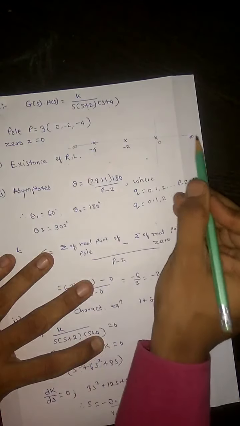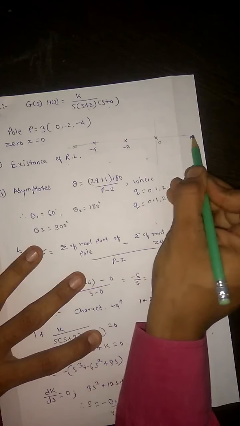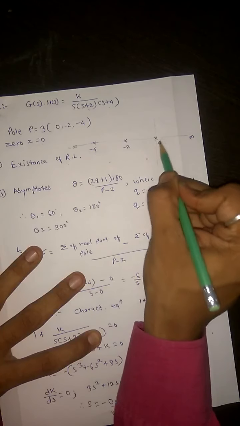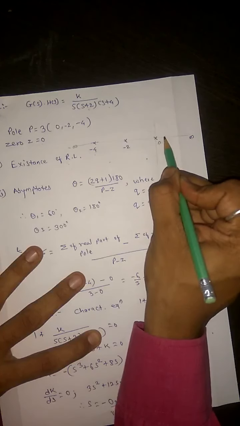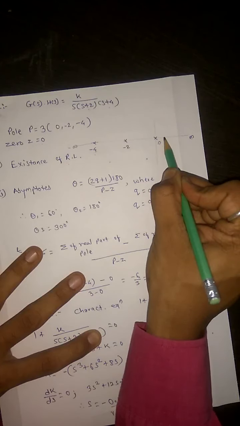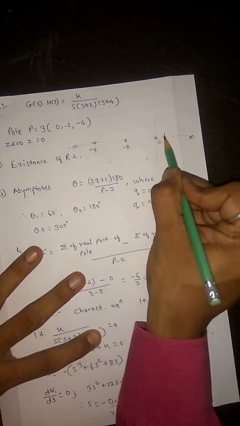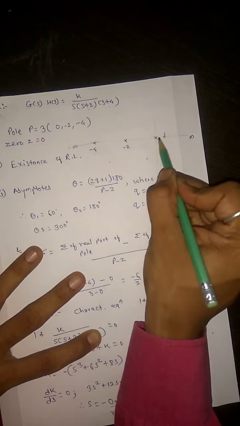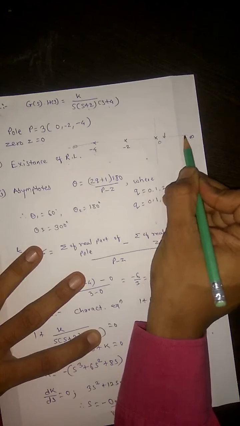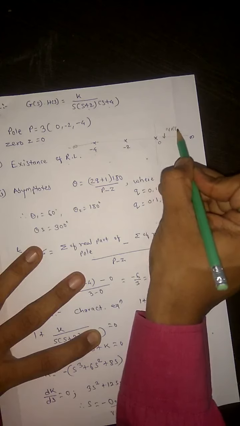In each and every section we need to check the existence of root locus. The first region is infinity to 0. Put any point here, check on the right hand side of that point, and count the number of poles and zeros. On the right hand side there is no single pole or zero, so the complete region is non root locus region.